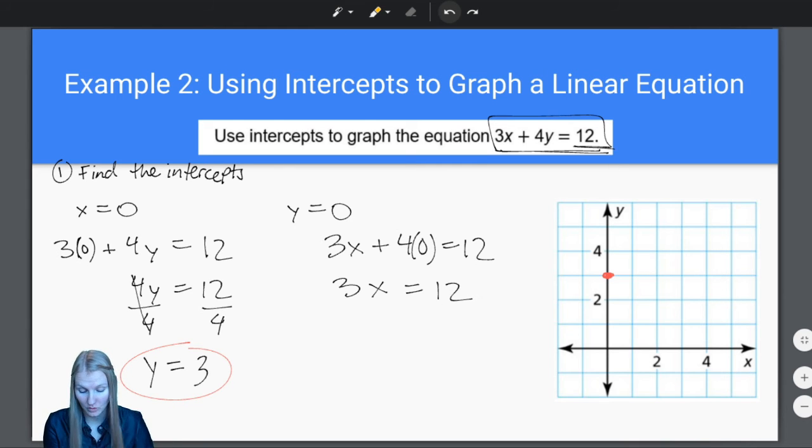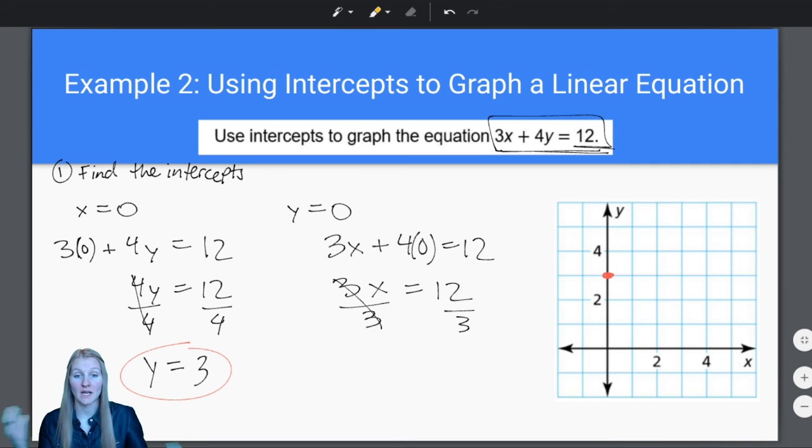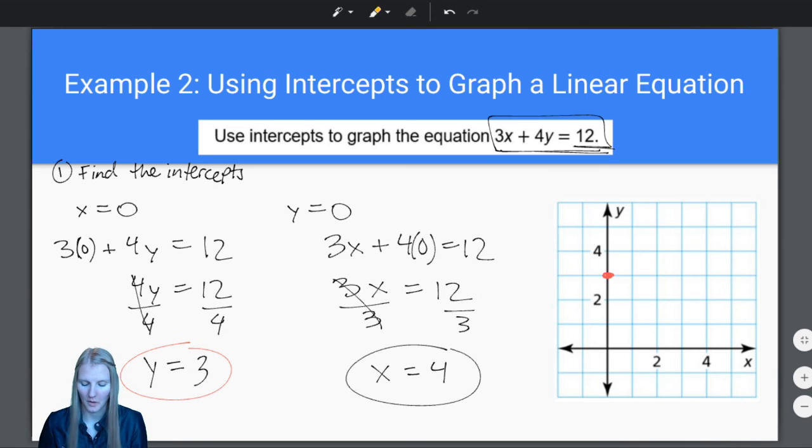All right, how do I get x by itself? I can divide by 3 on both sides. 3 times x, opposite of multiplication, is division. So we have x equals 4.